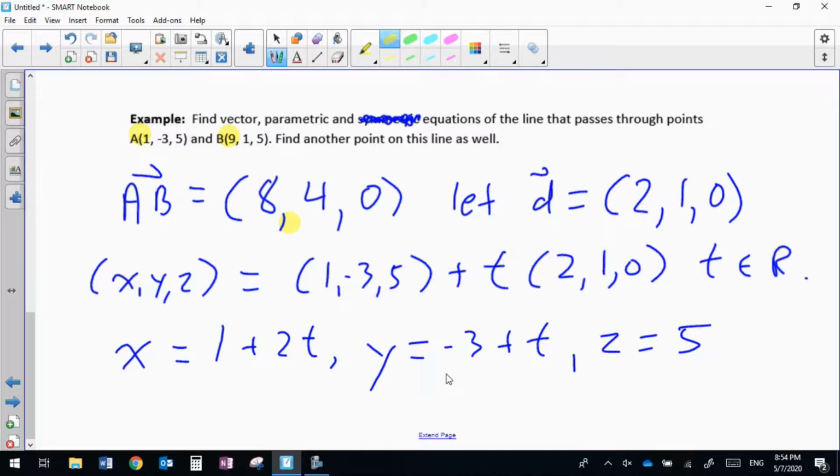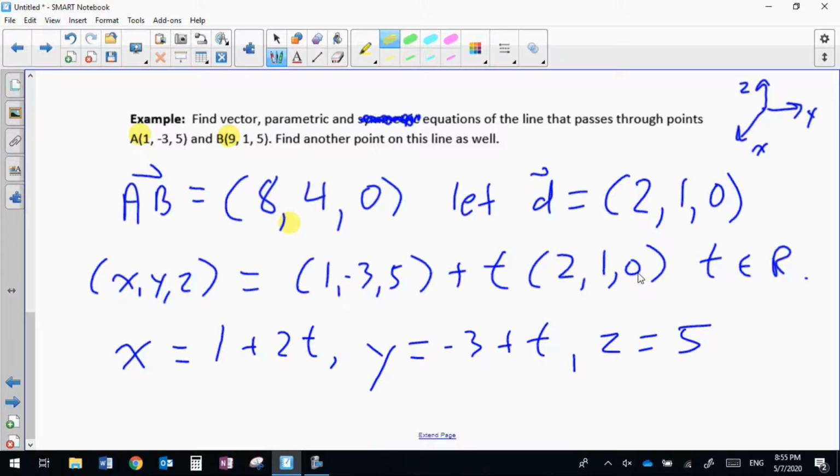Maybe it wasn't the most exciting equation of a line in 3 space, because since z is 5, it's kind of like a line that just hovers above the xy plane. If you imagine that z's always being 5, you've got some line that's actually parallel to the xy plane. Don't worry, there are more exciting lines coming up.